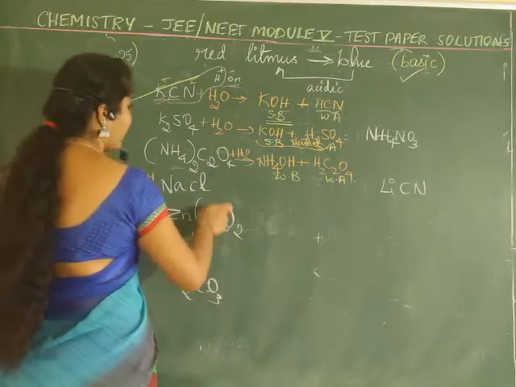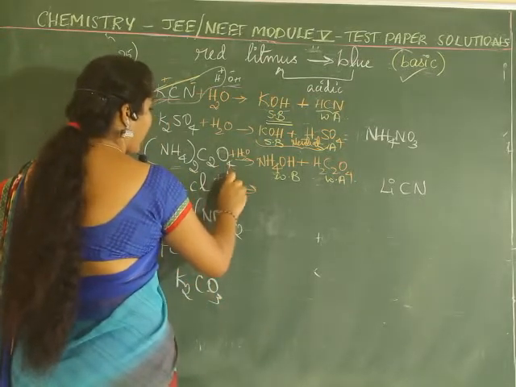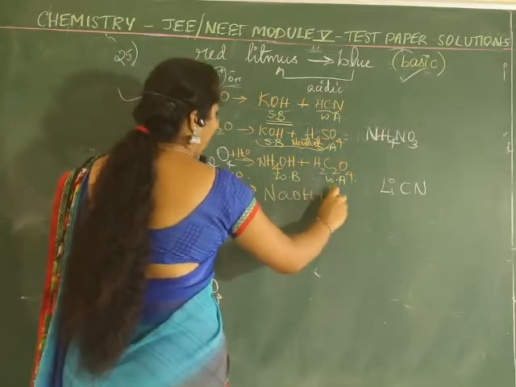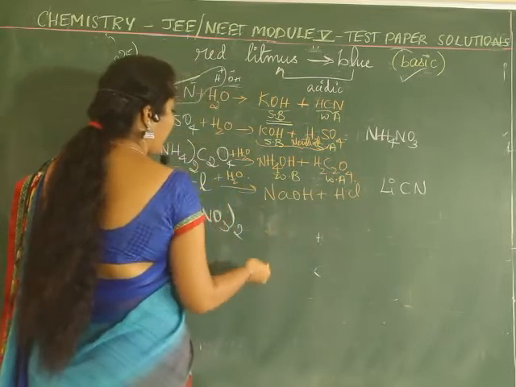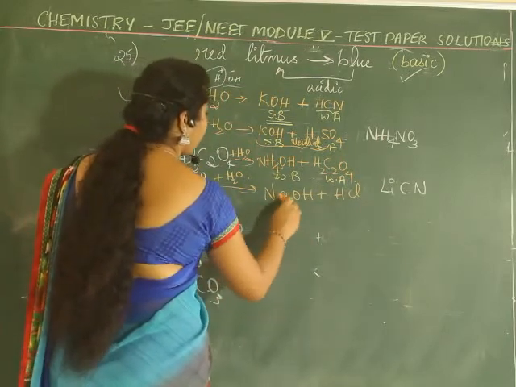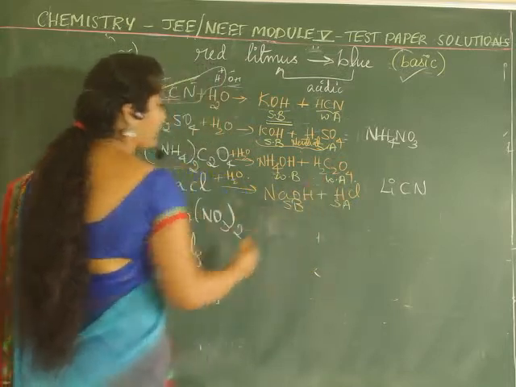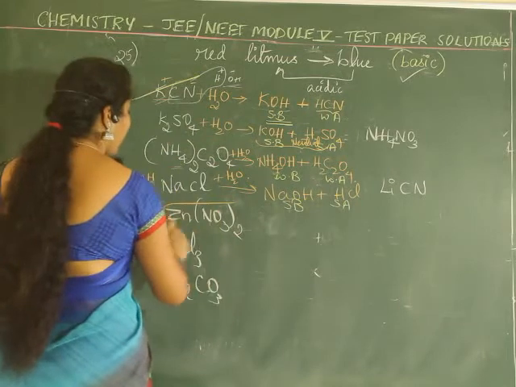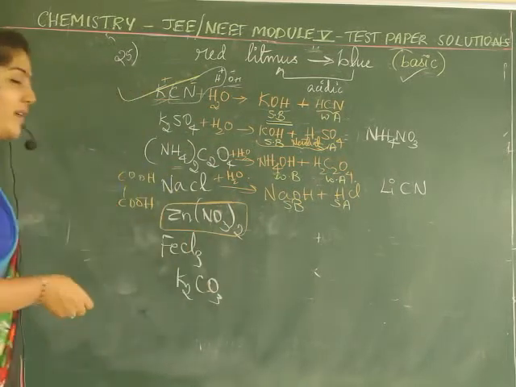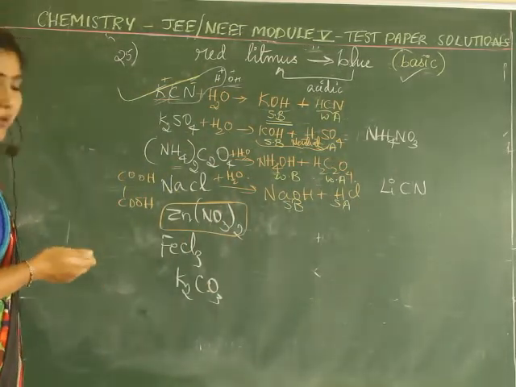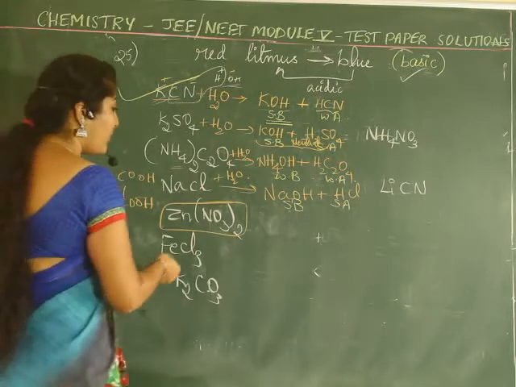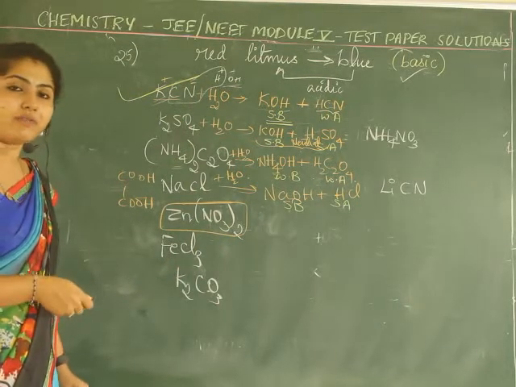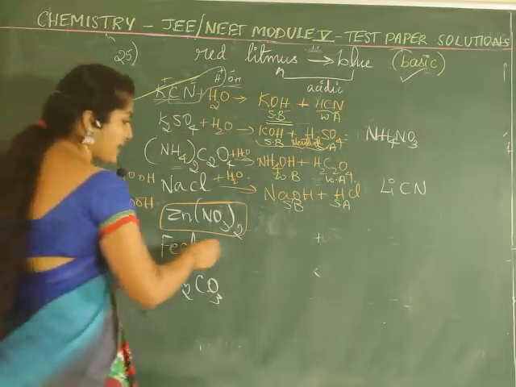Now sodium chloride, it's an ionic compound. When you treat it with H2O, you get NaOH and HCl. Again, this is a strong base and a strong acid, so it becomes neutral. Remember this particular salt, because in most of the questions you can find this option, and if you know its property, it becomes easier to answer the question.